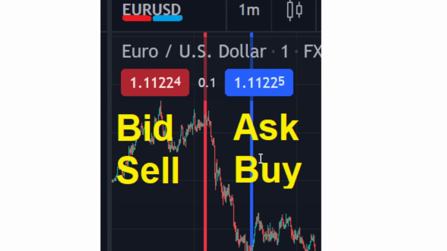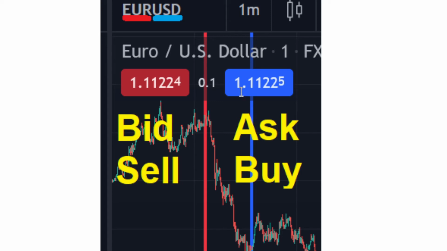In the buy, the ask price is what I would use to buy the base currency. In other words, if you're doing a sell order, you use the bid. If you're doing a buy order, you use the ask.